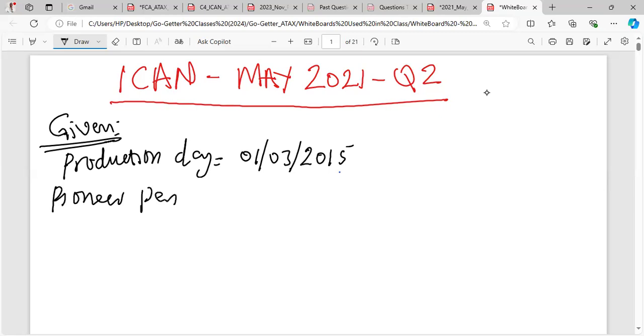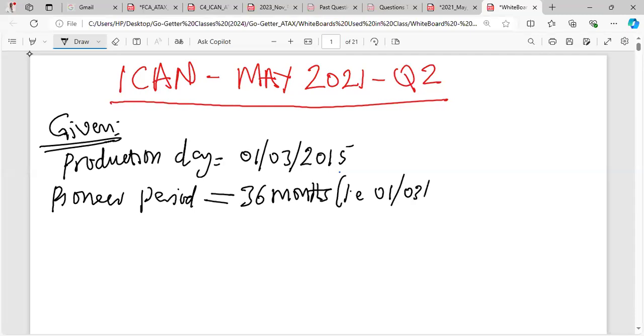Pioneer period: the pioneer period is equal to 36 months, i.e. from March 1, 2015 to February 28, 2018.